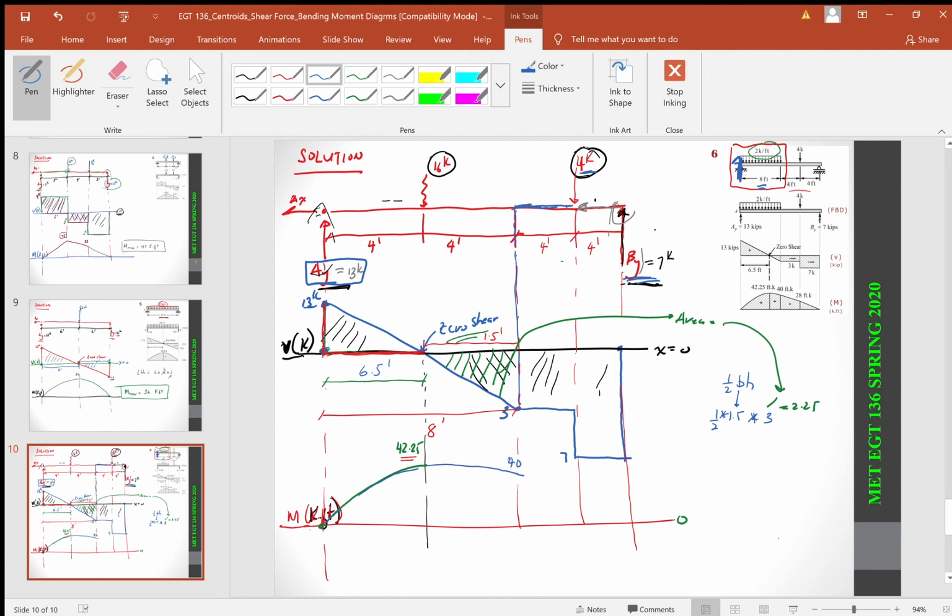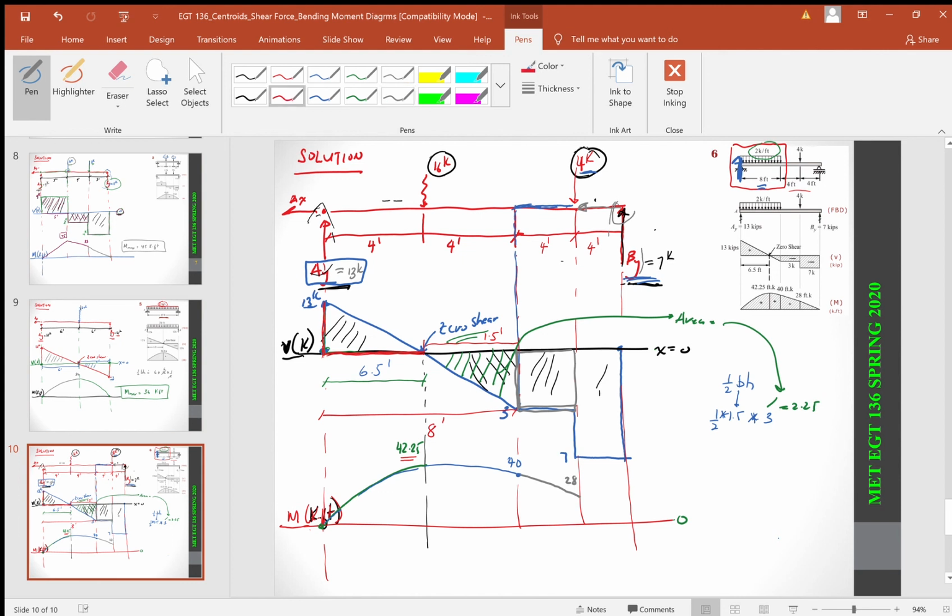Now from here to here, this geometric shape is a rectangle, 3 by 4, which is 12. 12 from 40 gives us 28. So we're right here, 28.